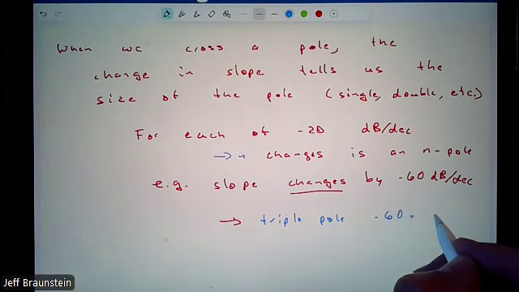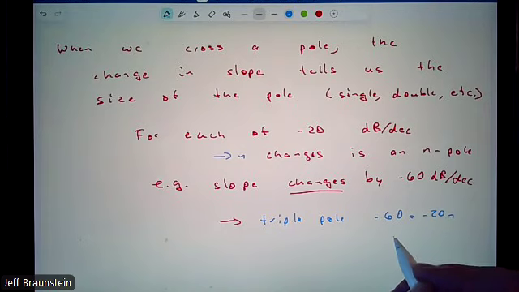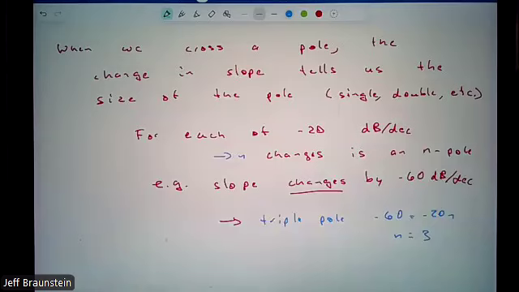Minus 60 equals minus 20n, n equals 3. Triple pole. I don't know if I worded that as beautifully as I could, but the concept I hope is there. Same thing as for zeros. If we cross a zero and the slope changes by plus 20n, then n is the order of our zero. So we do have a single pole here.